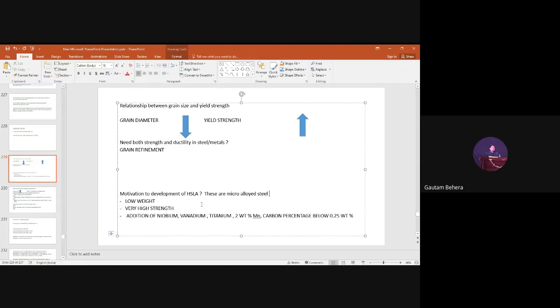So even with an austenite phase at 1050, the austenite grain will be of smaller size, because these carbides or nitrides form along the grain boundaries, prevent coarsening of the grain, and act as a pinning agent.